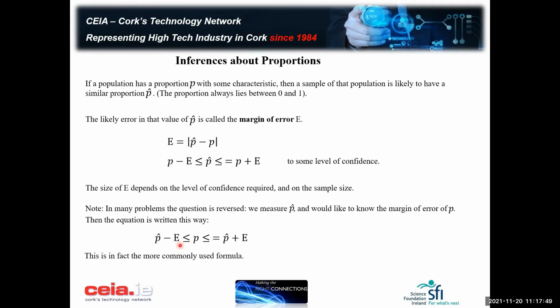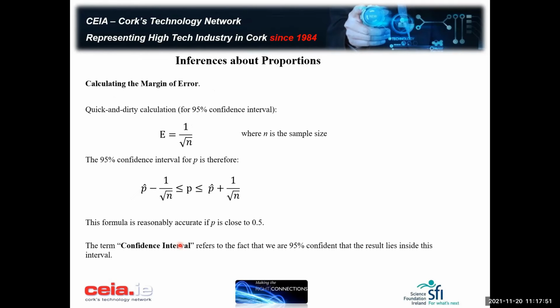And that margin of error E can be approximated by 1 over root n if P is close to 0.5. And then you have a confidence interval of 95% that P lies within this margin of error E around what you've measured for P hat.